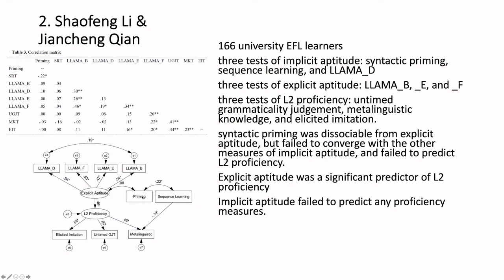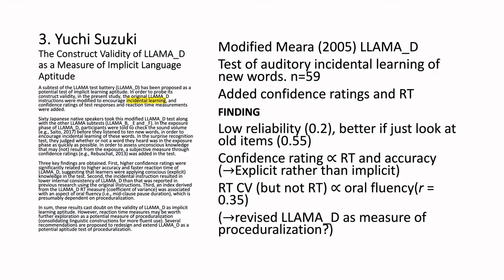They did indeed get a dissociation between two of the implicit tests and explicit aptitude, but Llama-D loaded on the explicit test, and these two measures here did not predict anything to do with English implicit language knowledge.